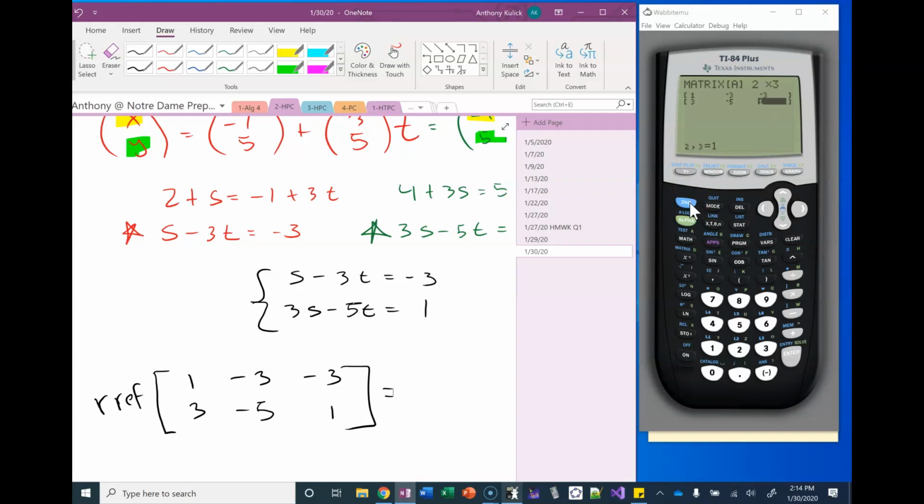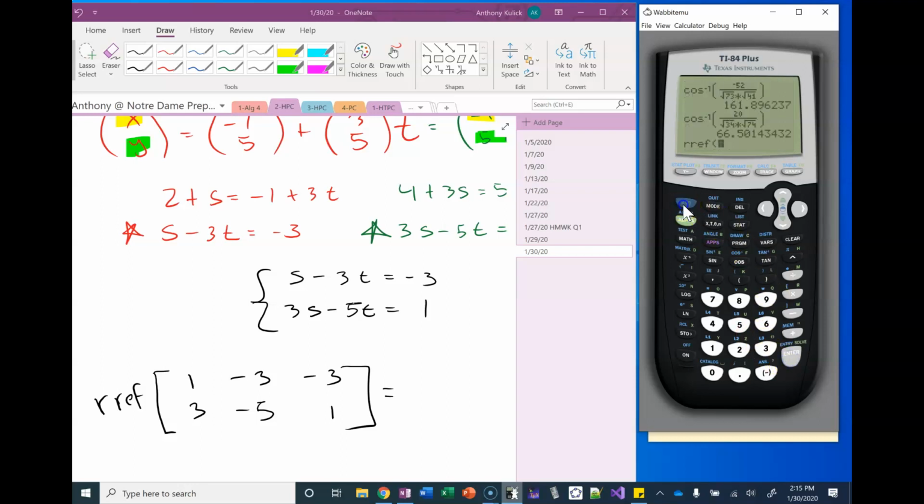So to do that, I'm going to exit back to the main screen of my calculator. I'm going to go back into the matrix menu, and I'm going to go to the Math tab. Inside the Math tab, I'm going to scroll down until I see the command RREF. Make sure you take the RREF and not REF. They are two different things. You want two R's, not one.